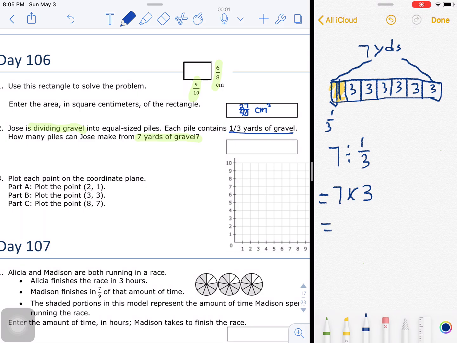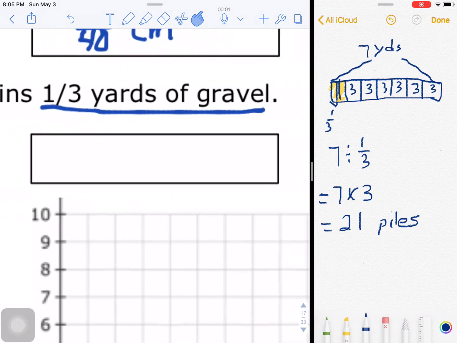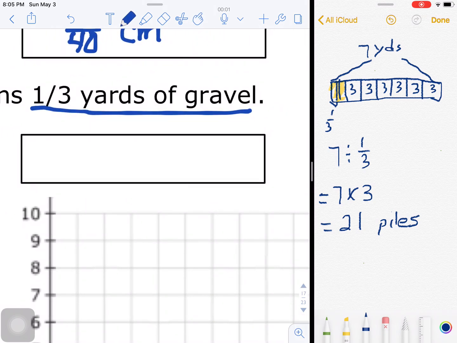So 7 times 3 would equal 21 piles. Each third represents a pile. So let's go over here and we will record our answer. 21 piles of gravel.